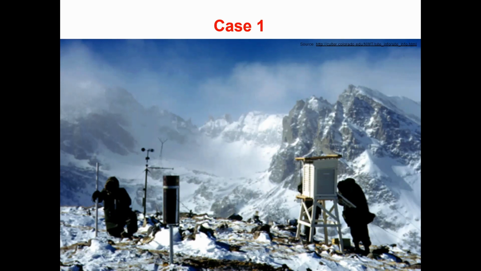Okay, so any thoughts? What might be some of the issues with this site? Any ideas? Okay, so I will try to read some answers.